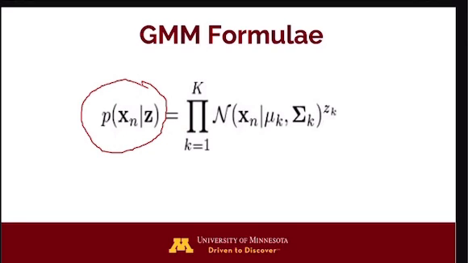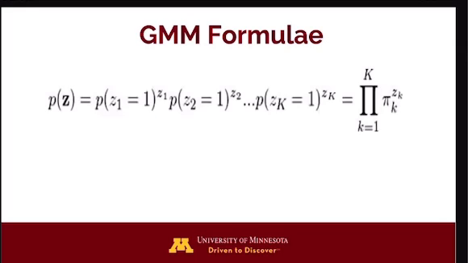Has anybody heard about Bayesian statistics before? We're going to create a posterior probability. Right now this is a conditional probability, the probability of Xn given Z. And don't forget, we already have the probability of Z.